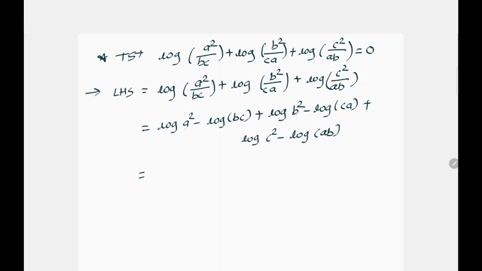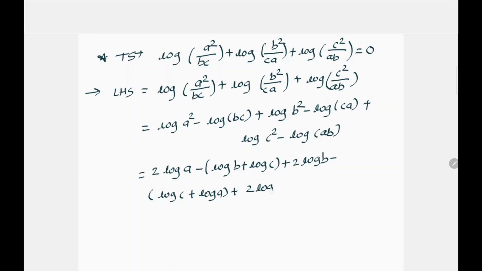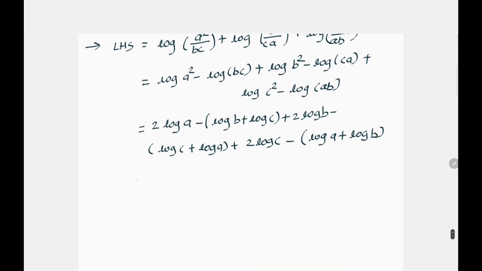Log of A square is nothing but, with the power law, we write this 2 log A minus here log BC, means law of product we can use. So here we get log B plus log C. Similarly in this term, 2 log B minus log C plus log A, plus 2 log C minus log A plus log B. Now open the bracket.